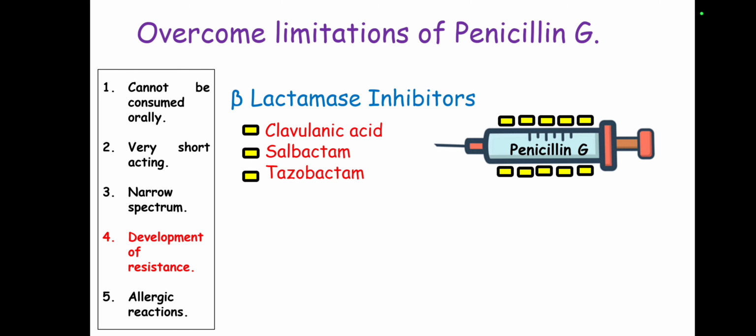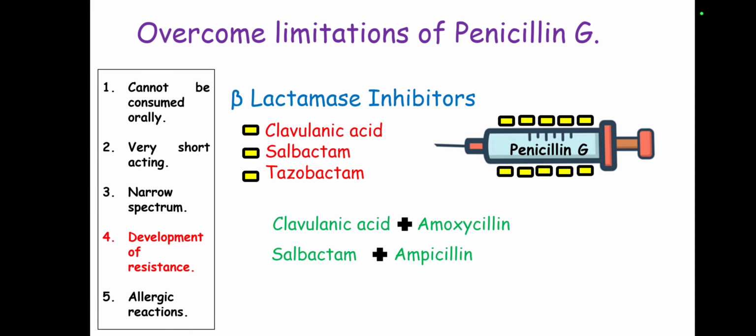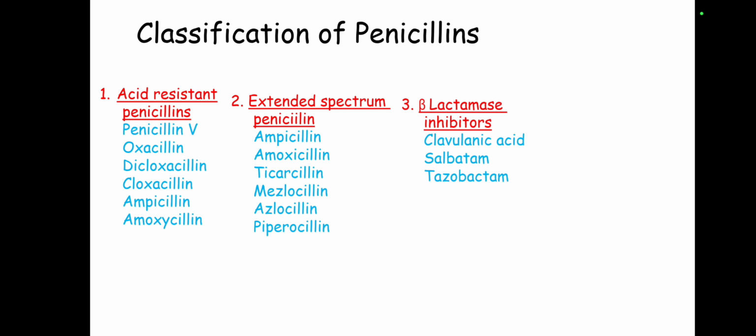So normally we are giving penicillin in combination with these beta lactamase inhibitors, and the combinations normally used are clavulanic acid along with amoxicillin, sulbactam along with ampicillin, and tazobactam along with piperacillin. Okay, so these are the combinations effective against the bacteria which are resistant to amoxicillin alone or ampicillin alone. Okay, so these are the third class of penicillins.